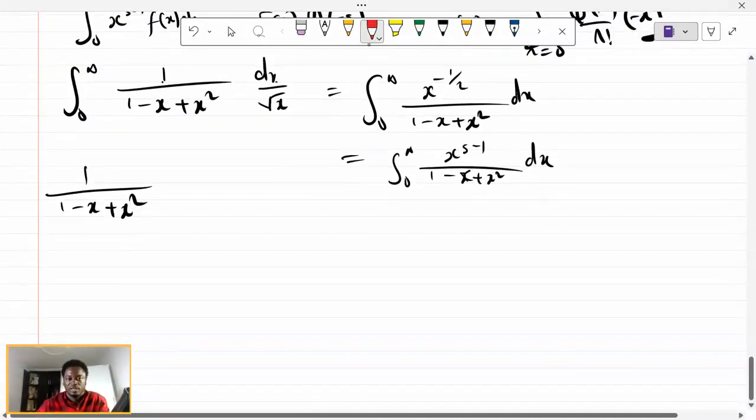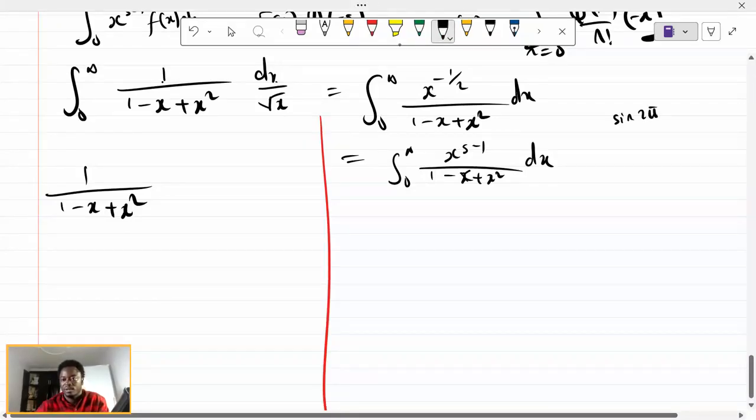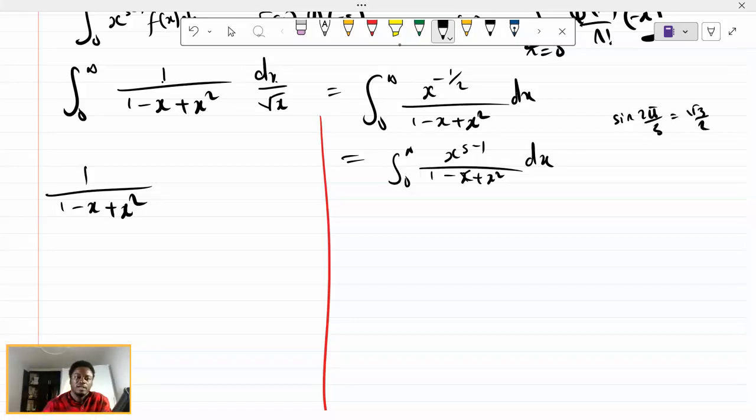So we know that sine 2 pi over 3 is square root of 3 over 2. And this is equal to 1 over sine t times the sum as n runs from 0 to infinity of sine n plus 1 t, then you have negative s to the n. So let's use it.